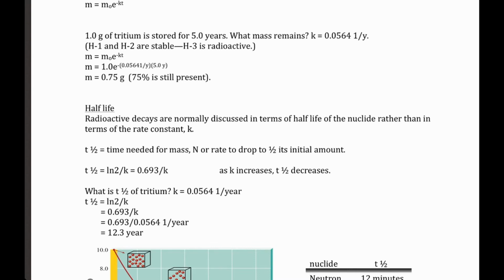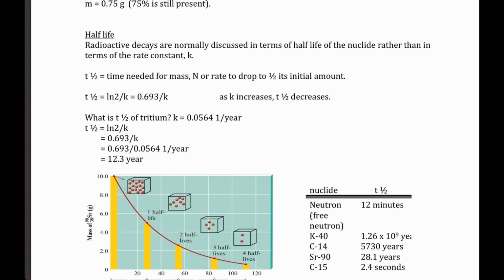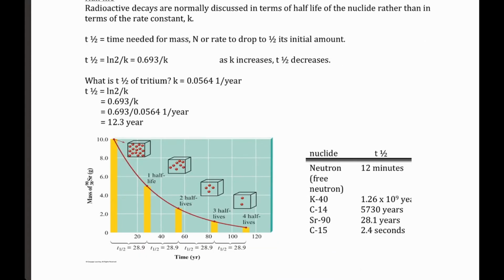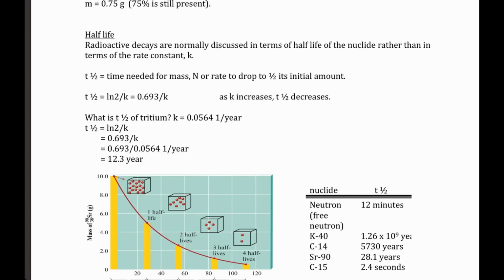Okay, half-life. Radioactive decays are normally discussed in terms of half-life of the nuclide, of the isotope, rather than in terms of the rate constant. So from half-life we can get rate constant, and from rate constant we can get half-life.